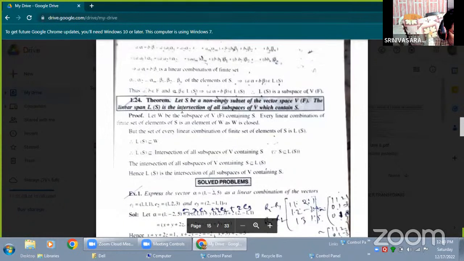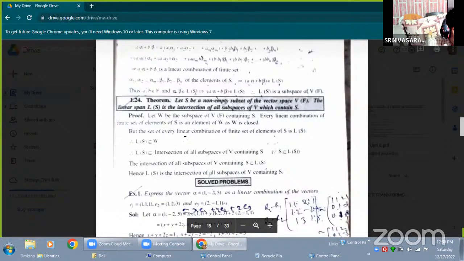Next, the linear span is the intersection of all subspaces of V which contain S. That is a simple theorem. Because A contained in or equal to B and B contained in or equal to A, A equals B. In the same manner, W is a subspace of V(F) containing S, and every linear combination of a finite set of elements is in W, so W is closed. Every linear combination of a finite set of elements of S is in the linear span.